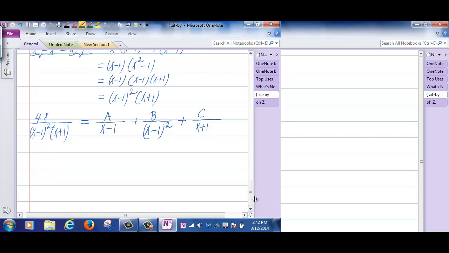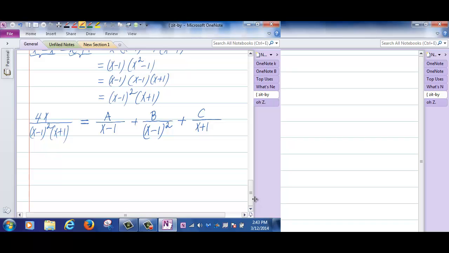All right. Now, we solve for a, b, and c. To find a, b, and c, what do we do? Multiply both sides by the big denominator? Yes. Can you explain again why it's x minus 1 squared and there's only 2 of them and not 3? Remember, if I don't have a 2 here, then the contribution of x minus 1 would be just this.